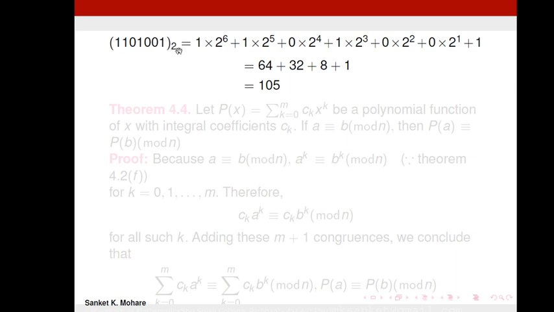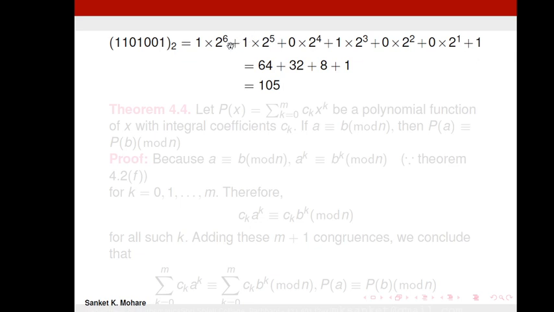Here we take the last number as the first term: 1 into 2 raised to 6 plus 1 into 2 raised to 5 plus 0 into 2 raised to 4 plus 1 into 2 raised to 3 plus 0 into 2 raised to 2 plus 0 into 2 raised to 1 plus a0, that is 1.